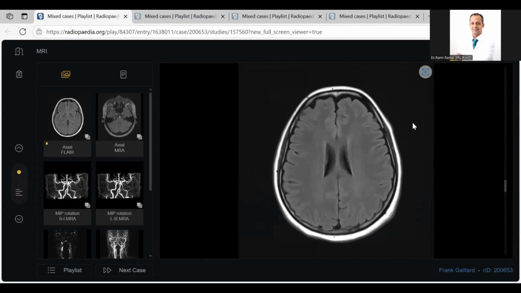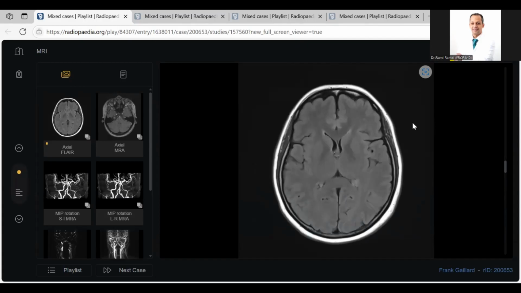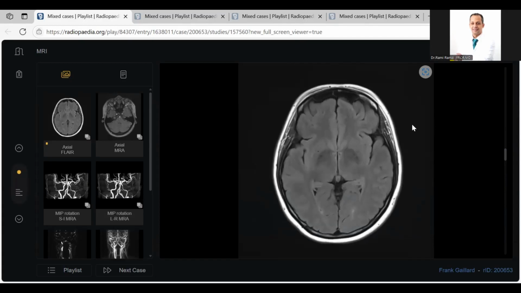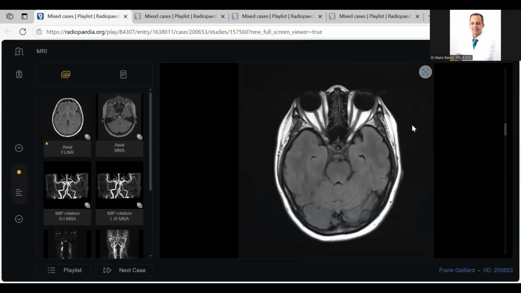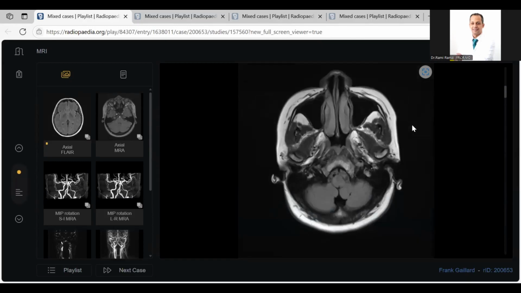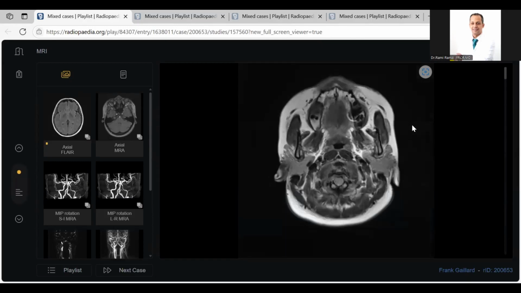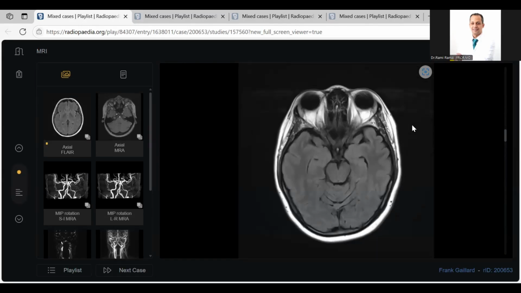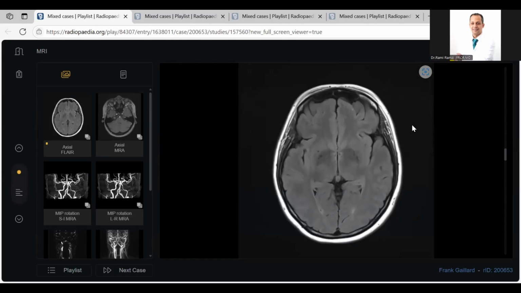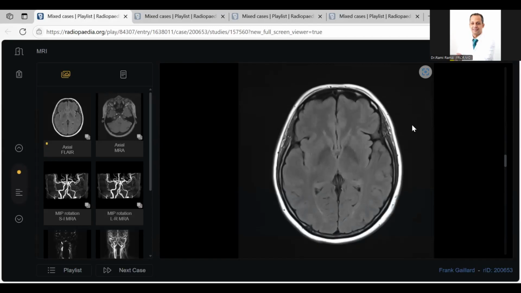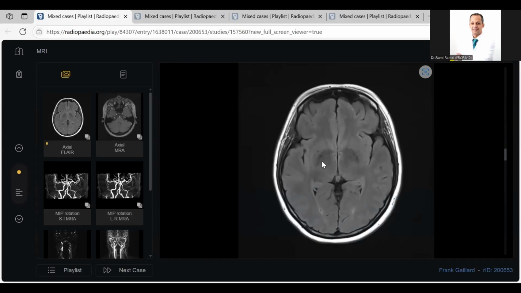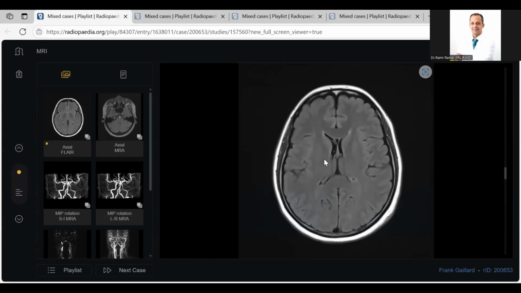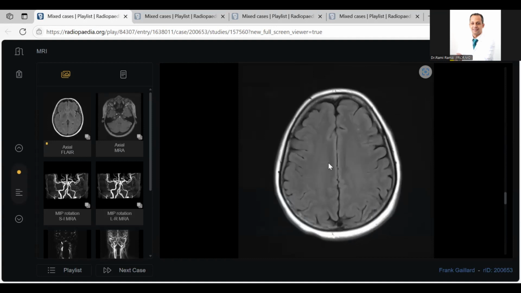Okay, perfect. So I'm just looking through the images. Currently on these FLAIR sequences, I can't see anything strikingly obvious. I'm just looking at my review areas. There seems to be a slight region of low signal.